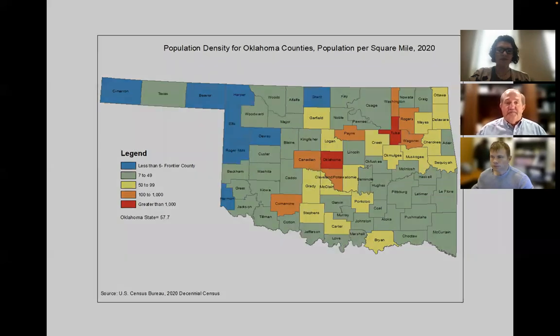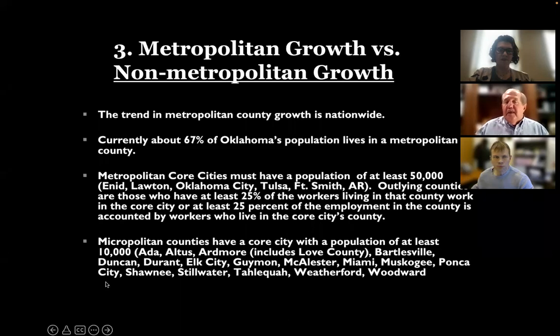Next slide, please. We like to talk about metropolitan growth and compare that to non-metropolitan growth. The trend is for there to be greater metropolitan population nationwide, and that is occurring in Oklahoma. Currently, 67% of our population lives in a metropolitan county. You see the definition there.